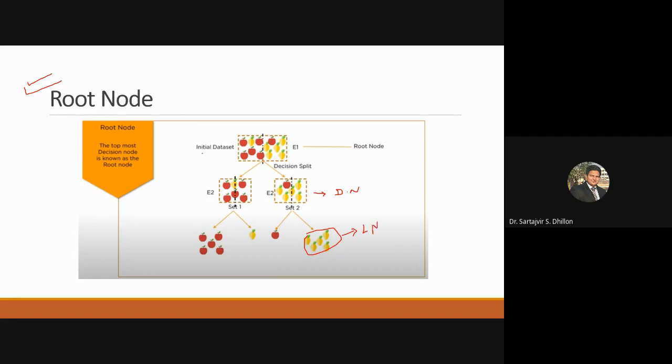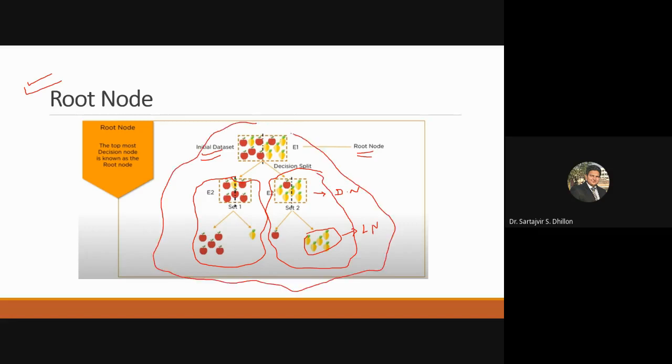And your main input data set, where the tree actually begins, is referred to as a root node. This one is one kind of decision tree, this one is another kind of decision tree, and your entire concept is actually referred to as a random forest.